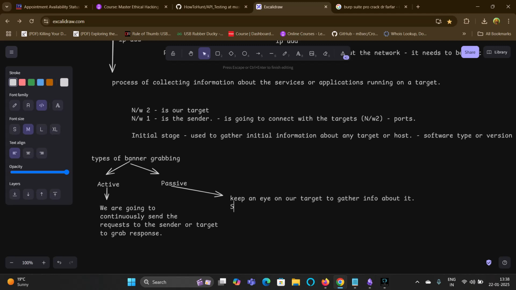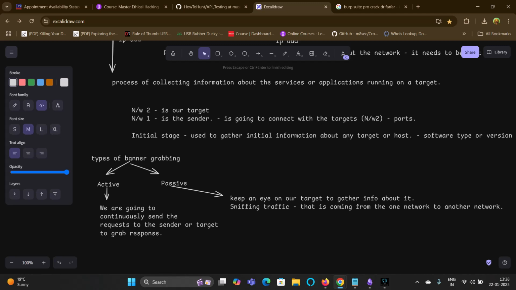That means we are going to sniff the traffic that is coming from one network to another network.